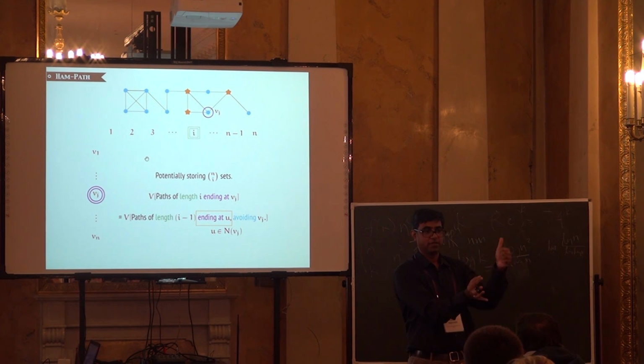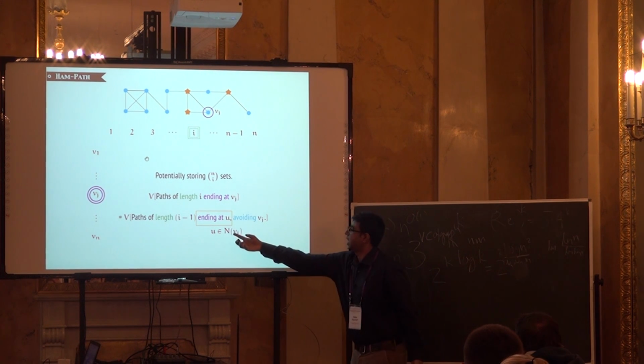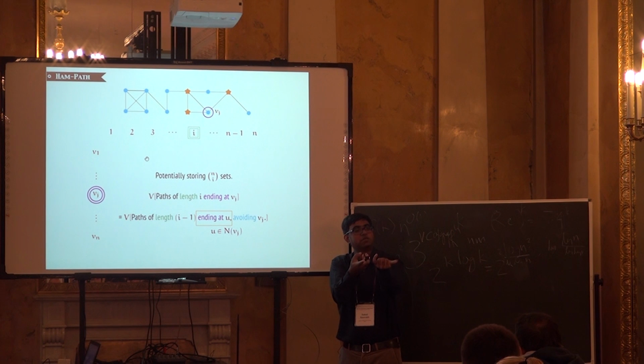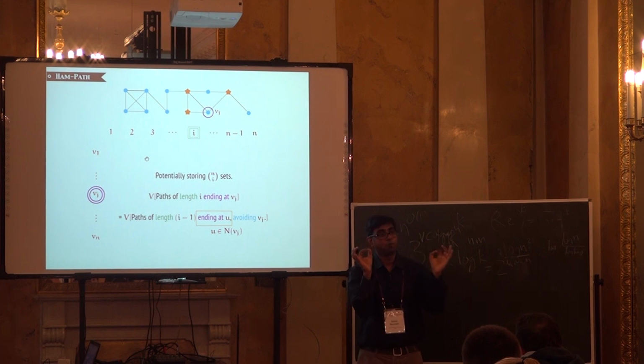So you start with the empty set. First is the same vertex. What does this tell us? Paths of length i minus 1 ending at u. Suppose these are in some particular, fixed sequence. Next, I take this set and add Vj at the end, right? Then I have got a path of length i. There could be many paths on the same vertex set, but at least I have been able to store one path.